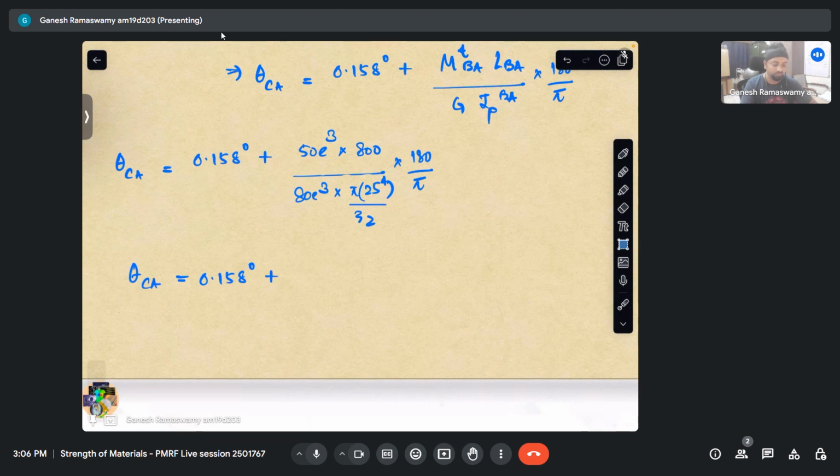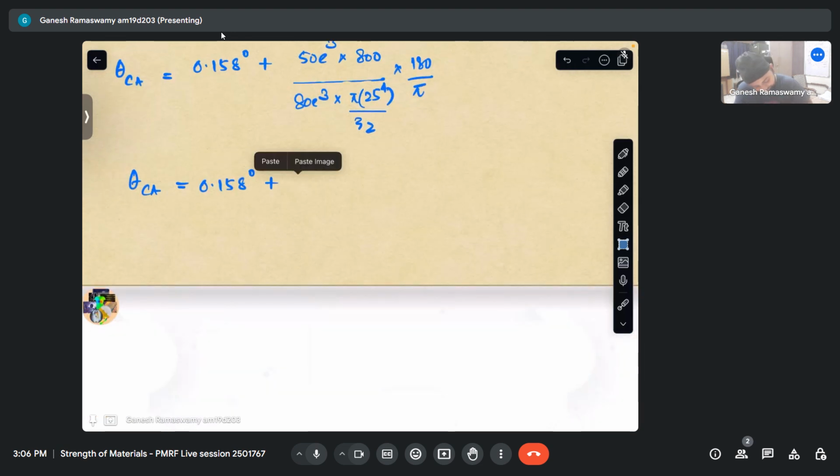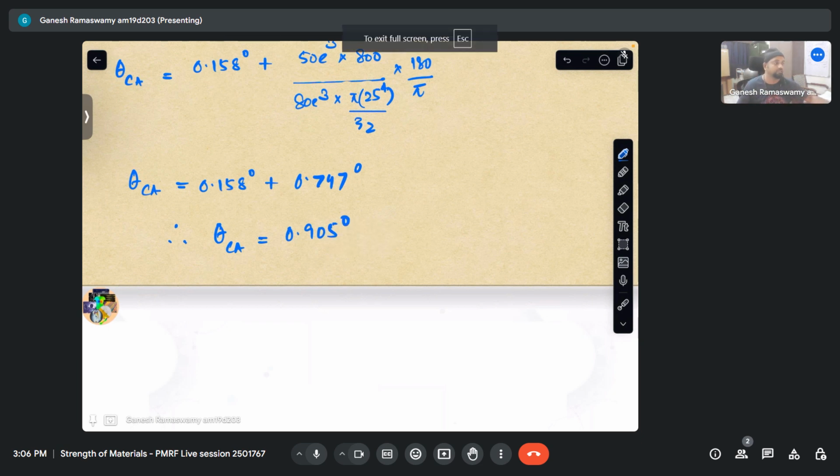So 0.747 degrees. So therefore, theta CA is nothing but 0.905 degrees. So this is what it comes out to be.